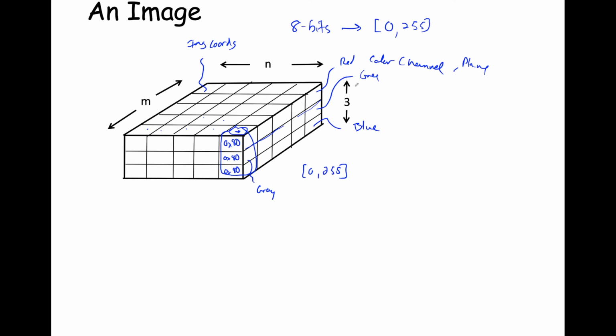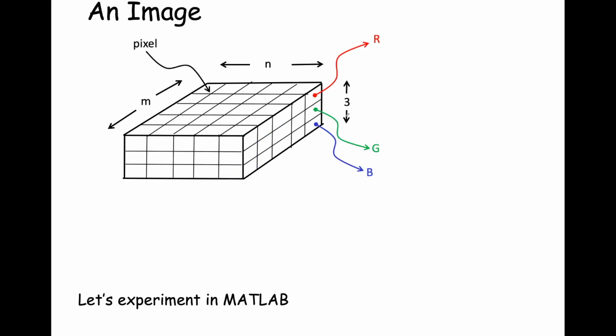We call this the green color channel or plane, and the blue color channel or blue plane. And so each pixel is just a mixture of the red plane, the green plane, and the blue plane. All right, so let's try this out in MATLAB.